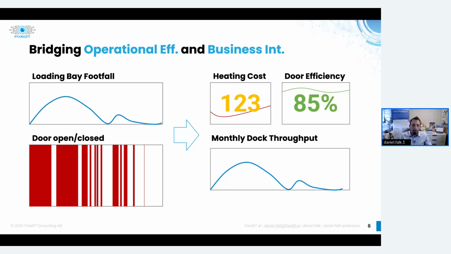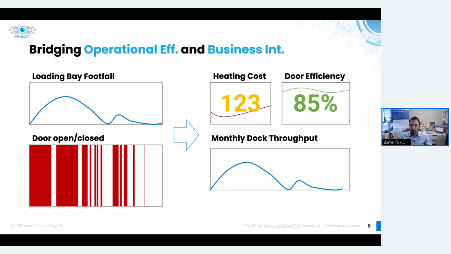But then at a more business level, we might have this business intelligence dashboard on the right, which is more for the leadership in the company to look at. So here we might have a historical view over the month or even the year or maybe the quarter. And we can visualize things such as the heating cost for the warehouse.